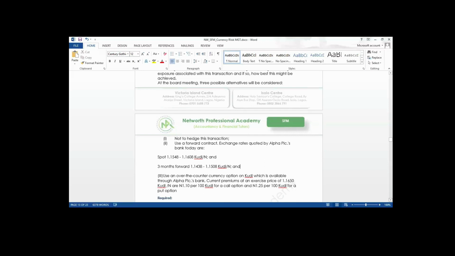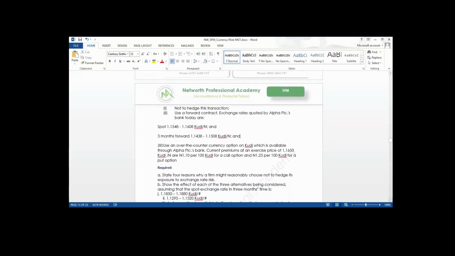Current premium at an exercise price of 1.1650 kudi per naira: 1 naira 10 kobo per 100 kudi for a call option, and 1 naira 25 kobo per 100 kudi for a put option. Requirements.